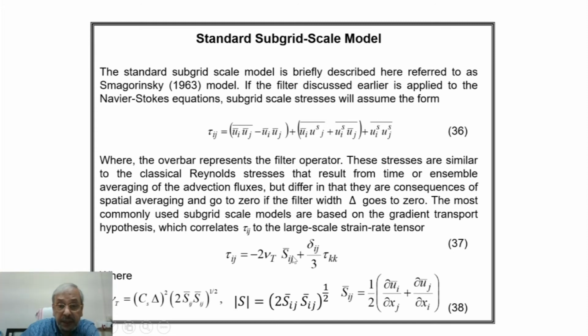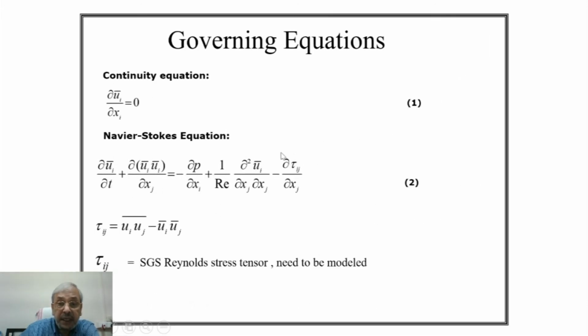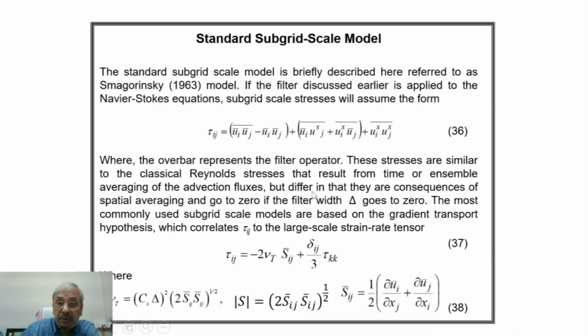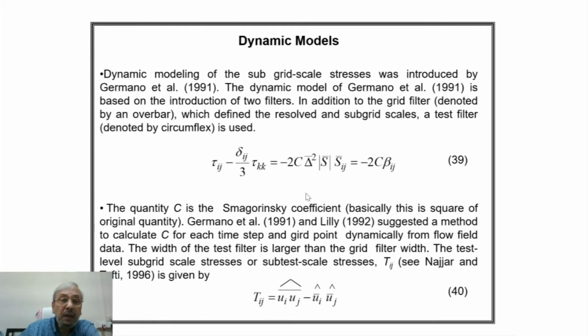If nu t is known, then we can calculate from the field variables Sij, and tau ij will be known, and if we can feed in tau ij here, we'll be able to solve the full Navier-Stokes equations. That was the idea of the original Smagorinsky model, which was modified by Germano.